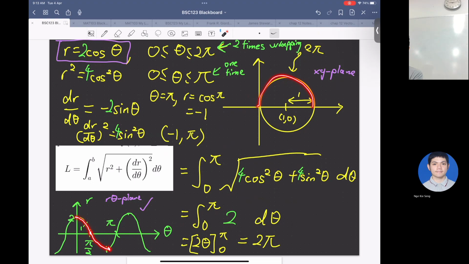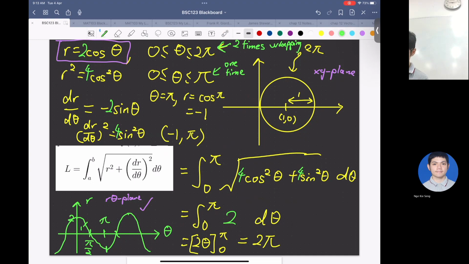So negative, up to pi. Then you just keep going up to pi. So what is minus 1 pi?